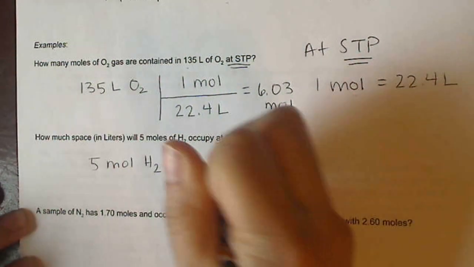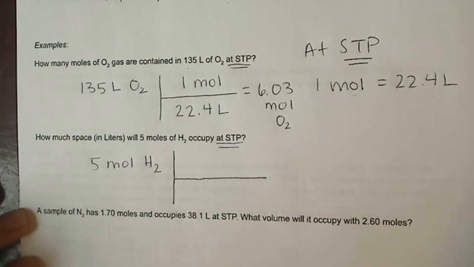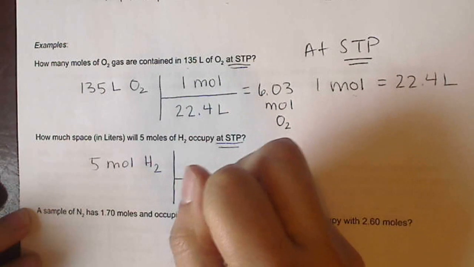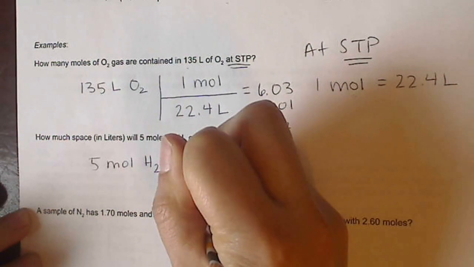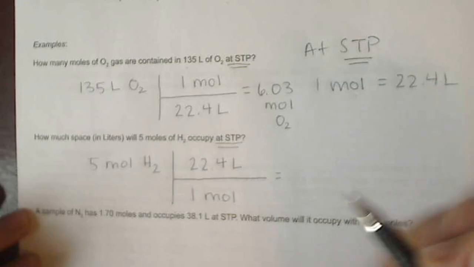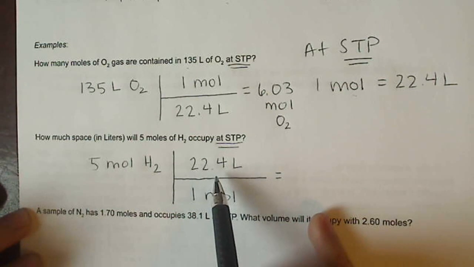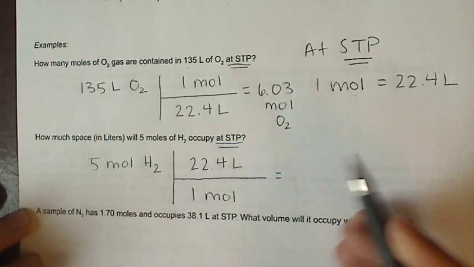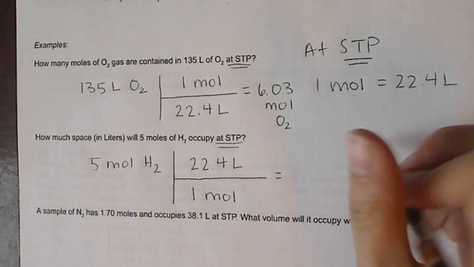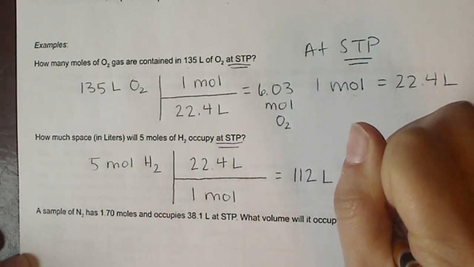We're going to set up our train track, and because I have moles as my given, I'm going to put 1 mole down here. And 1 mole of gas occupies 22.4 liters. So all we'd have to do is 5 times 22.4 divided by 1, which is just 5 times 22.4. And that answer will be 112 liters of hydrogen.